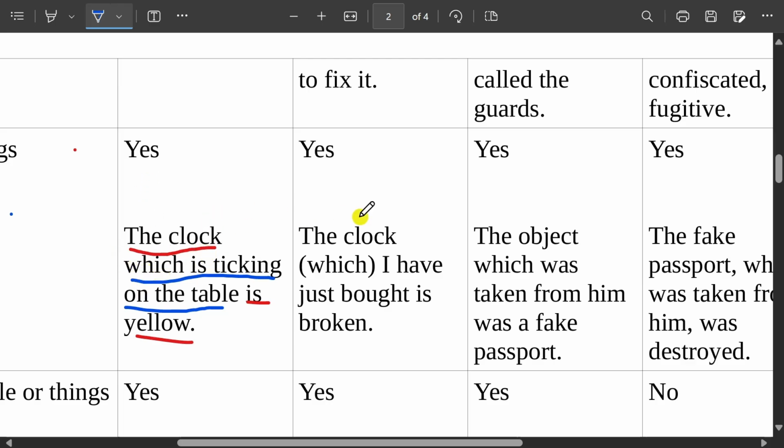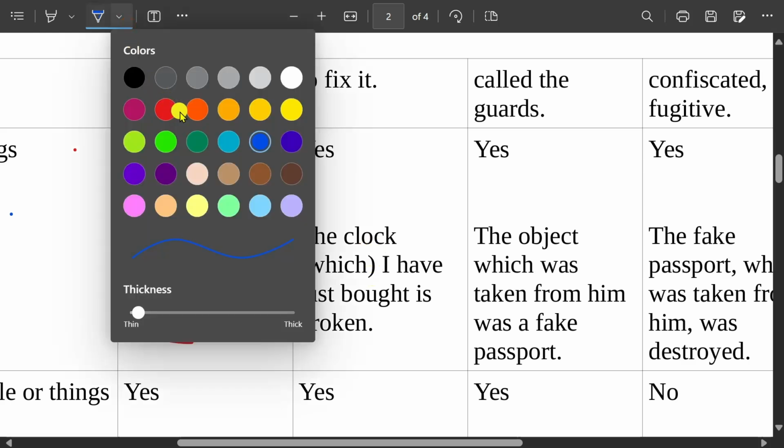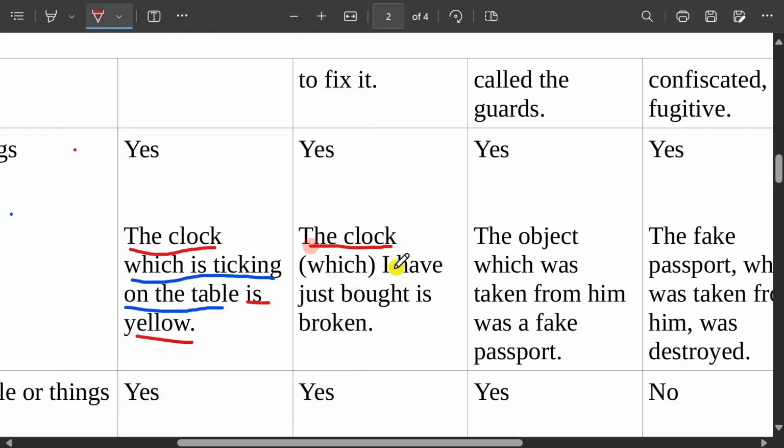Okay? Now, next one, we have the clock, which I have just bought, is broken. For now, just forget about the parentheses. We have this main clause, the clock is broken. You see? The clock is broken, right?